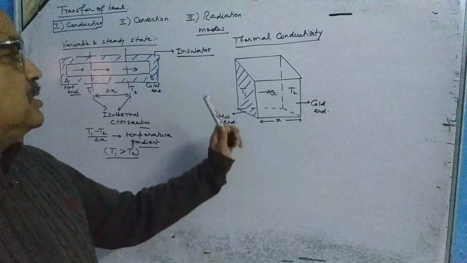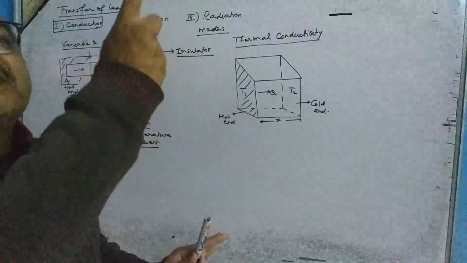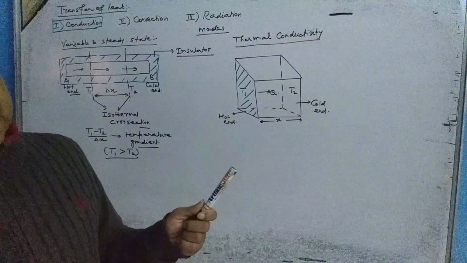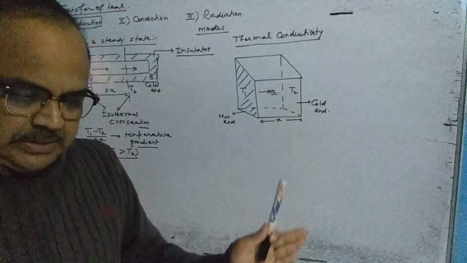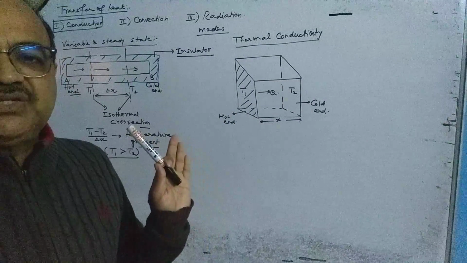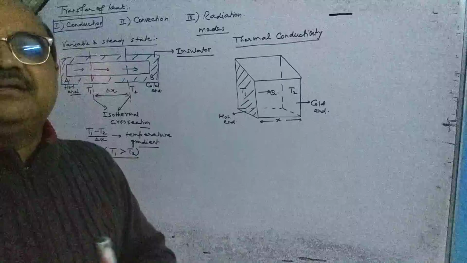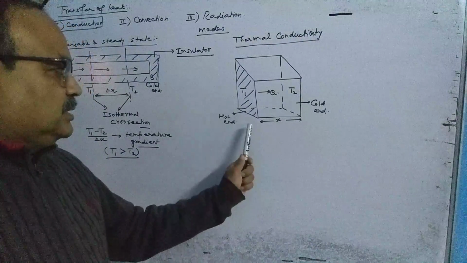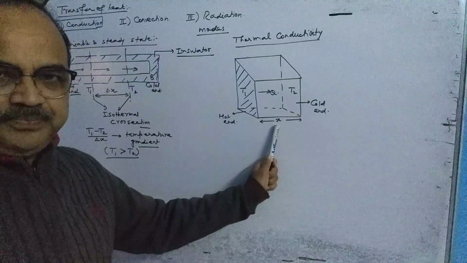And suppose it is heated this side, and now it is at the steady state. Suppose the condition for the steady state has been maintained, that is, the whole thing is covered by insulating material. Let us consider that this cube is at the steady state. The distance between these two ends is x.